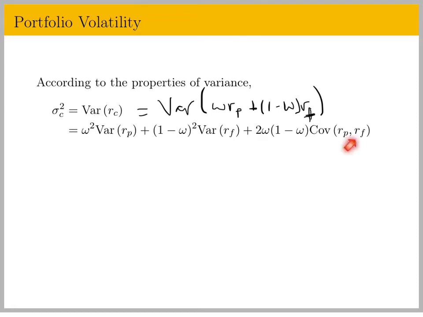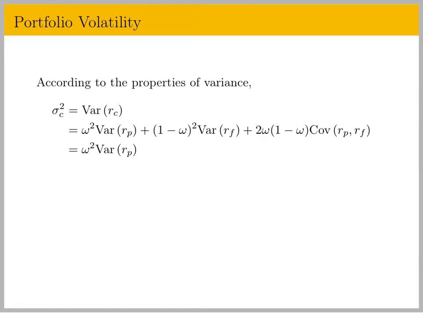Well, we know that R sub F is constant, and so the variance of R sub F should be 0, and also a constant should not covary with anything that's moving. So although R sub P is a random variable that has variance, R sub F is constant, and the covariance with R sub P should be 0.